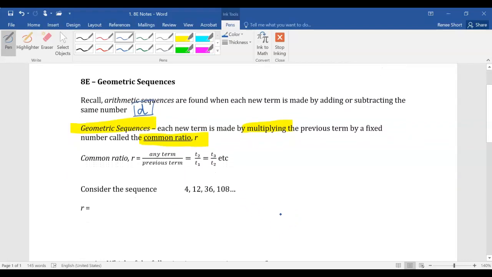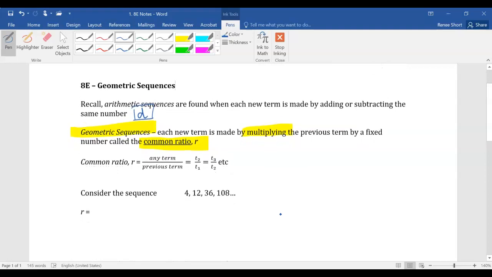So if we look at this first sequence here and we want to try and find r, if we take t2 over t1, that means 12 over 4, and 12 divided by 4 gives us 3. If we look again at t3 over t2, that would be 36 over 12, and 36 is divisible by 12 three times.